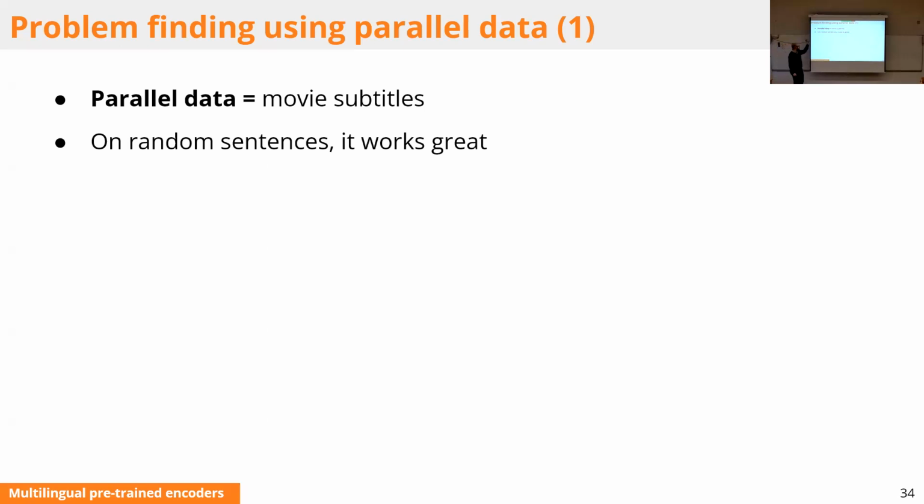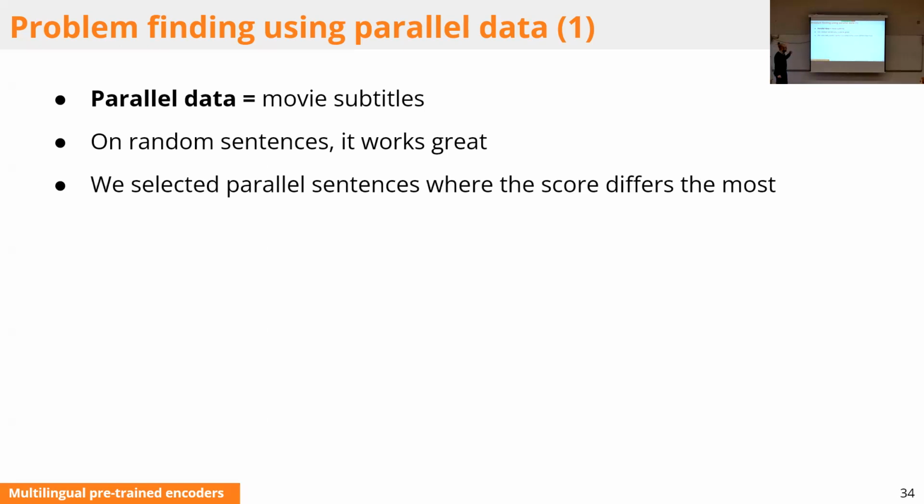Well, we just took a random sample. It seemed that everything was just perfect. So we selected parallel sentences where the scores differ the most. And actually, when we did it for the first time, we realized that those are sentences which are not actually parallel. So we had to do some better data filtering.